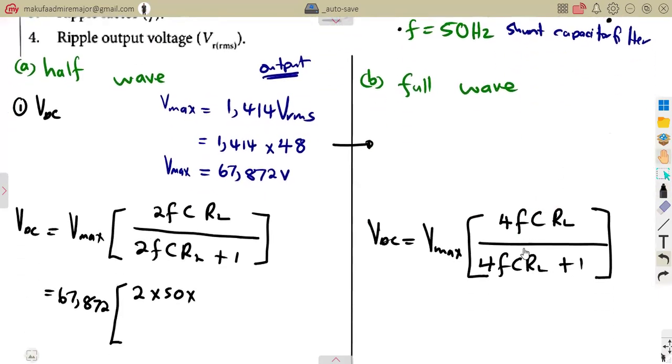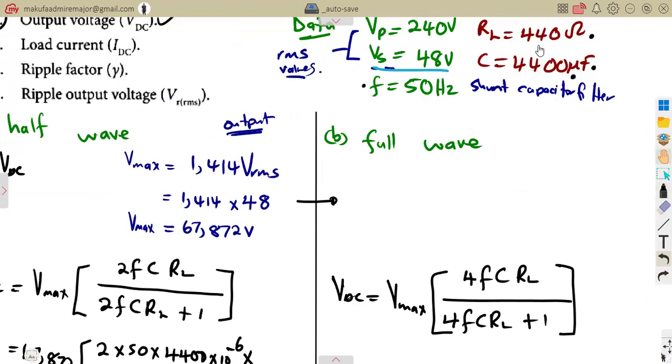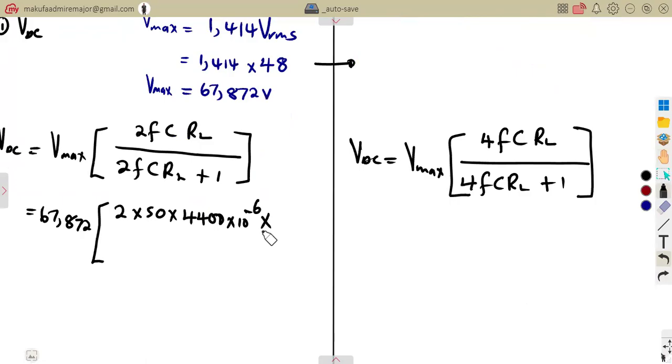So this is going to be 4,400 times 10 to the exponent of -6. And our RL, which is our load resistor, is 440 ohms. So we have got our resistance in this case.